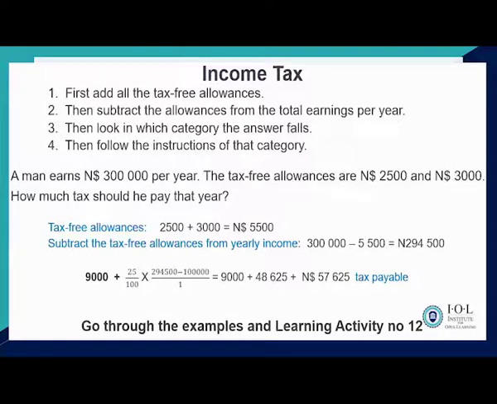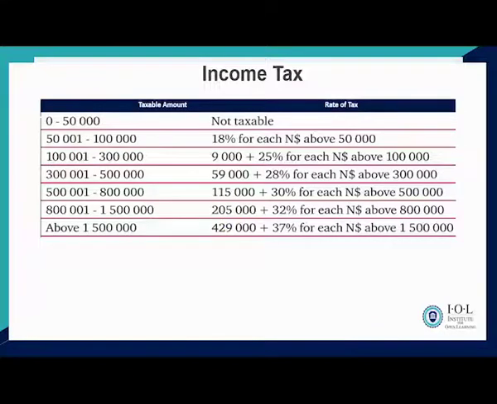If what is left is more than 300,000, I'm definitely going to the fourth row, where I pay 59,000 plus 28% of what's left after I subtracted the 300,000. So read that carefully. It's always the same. There's no difference in the working out of this problem. It's actually an easy question that you can get full marks for.